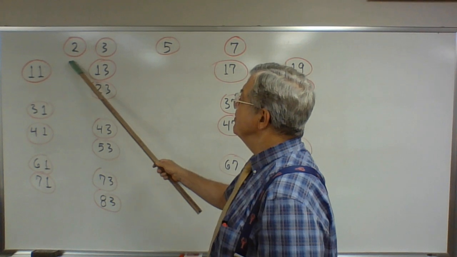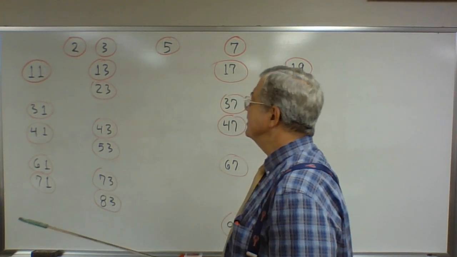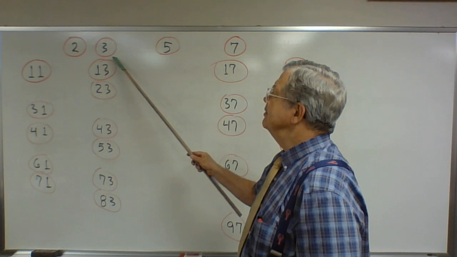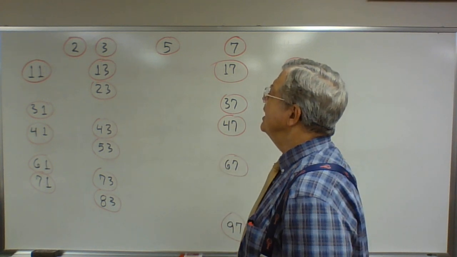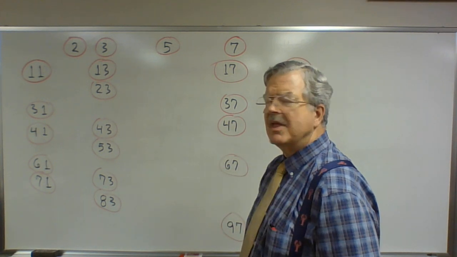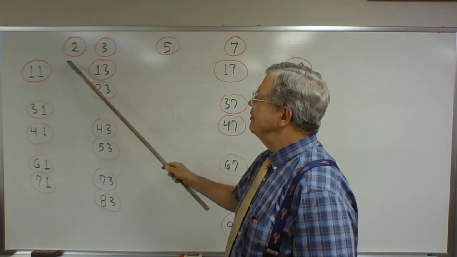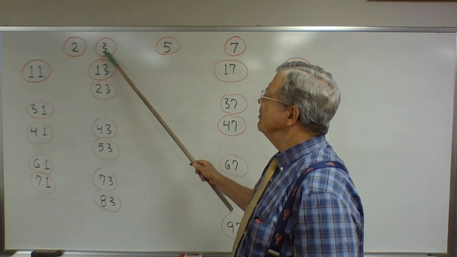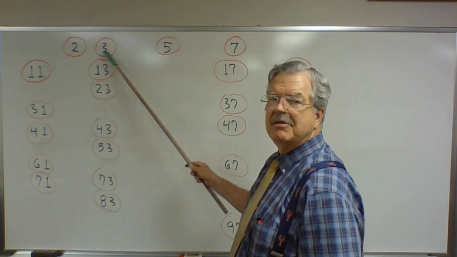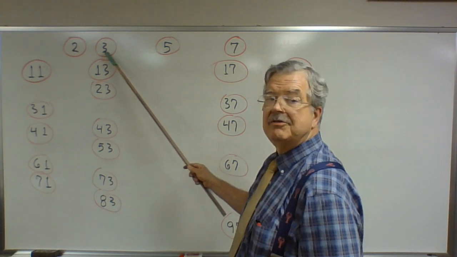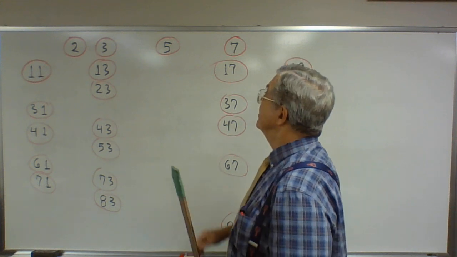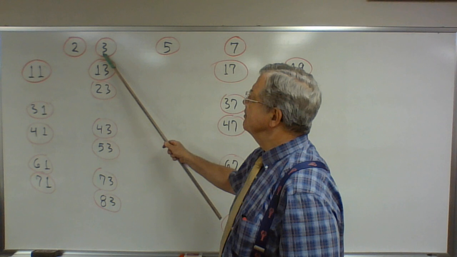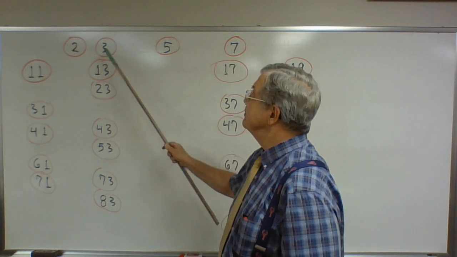We eliminated all the multiples of 2. We eliminated all the multiples of 3. And by the way, once we eliminated all the multiples of 2, what was the largest multiple of 3 other than 3 itself that was still on the list?